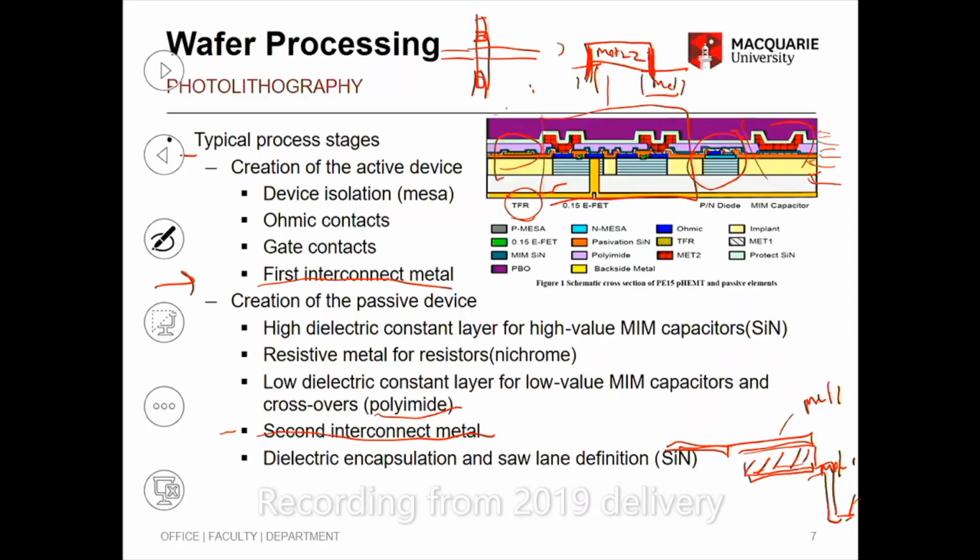The metal thickness of the metal one determines how much current you can handle, because it's like a fuse. High current will blow it up. The layout manual will say how much current it can handle.